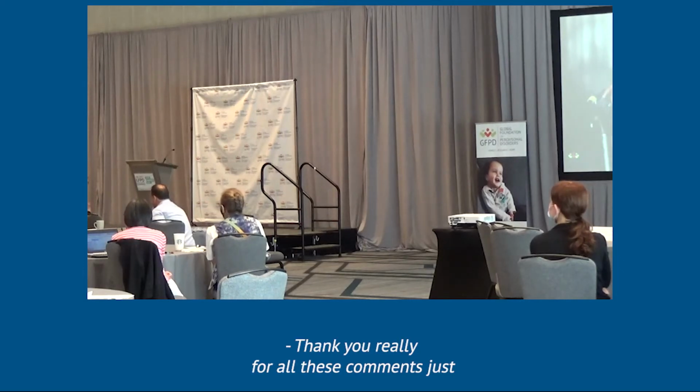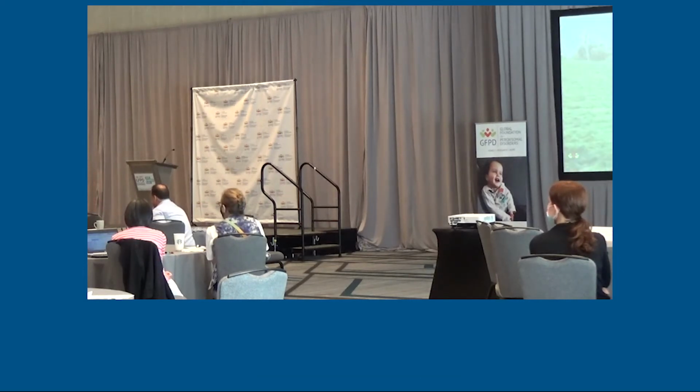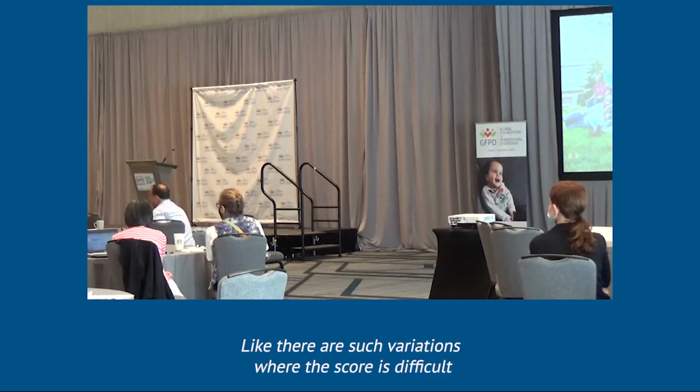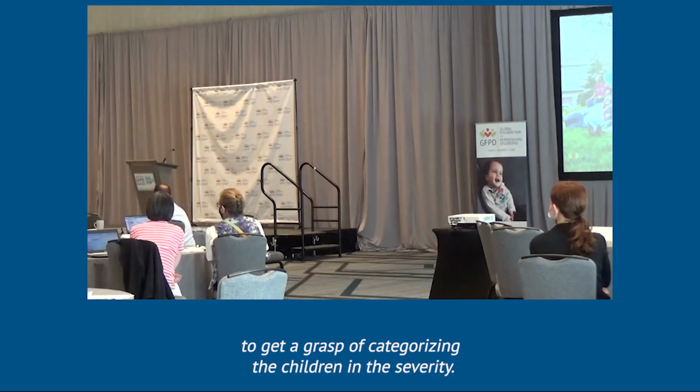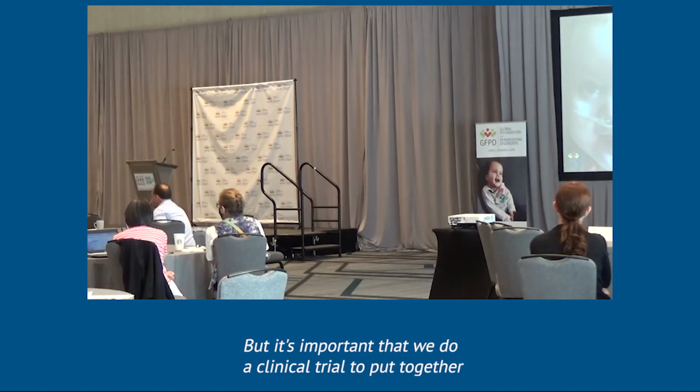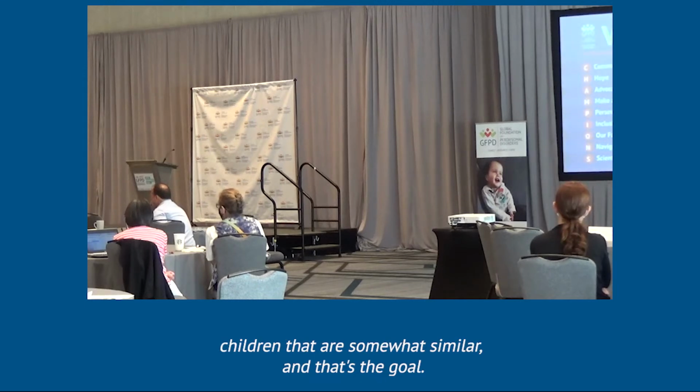Thank you, Billy, for all of these comments. But just what we're all sort of reiterating is that this is complicated. Like there's such variation in this disorder. It's difficult to get a grasp on categorizing the children in their degree of severity. But the reason it's important is not only the families and the prognosis, but it's important when you do a clinical trial to put together children that are somewhat similar.